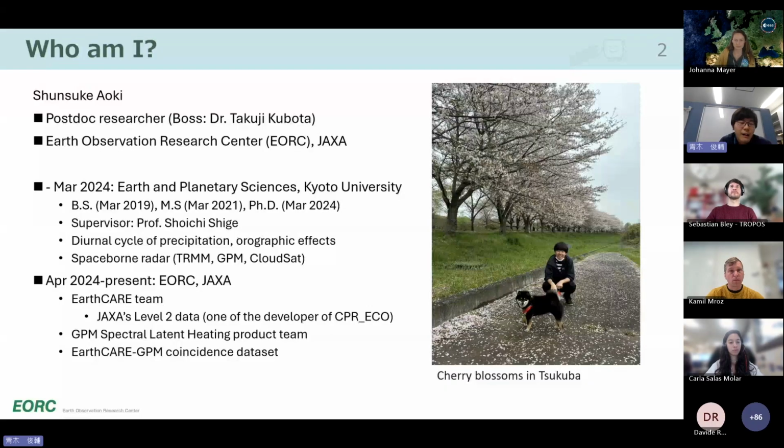Now I am involved in the EarthCARE team, mainly as one of the developers of CPR Echo, and I'm also joining the GPM latent heating product team. My main job in JAXA is the development of the EarthCARE and GPM coincidence dataset, and I will talk about this topic in detail in this presentation.